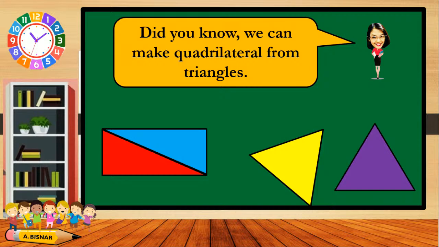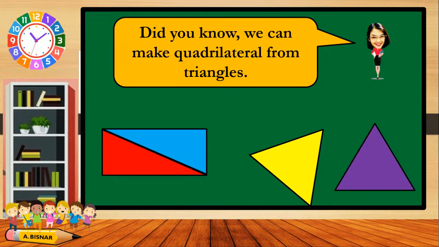Tama yon. Si Rodrigo, that's rectangle. Macanas and Gonzales. And it has 4 sides. And therefore, it has 4 angles also. So, ibig sabihin, we can form a quadrilateral from 2 triangles.